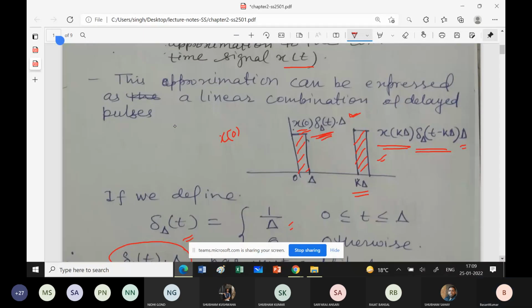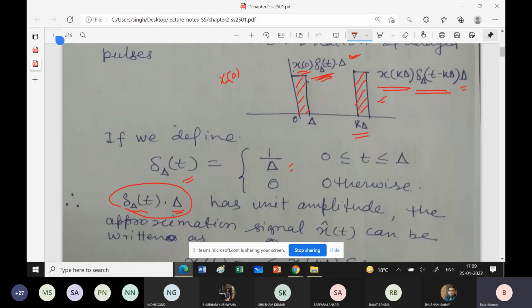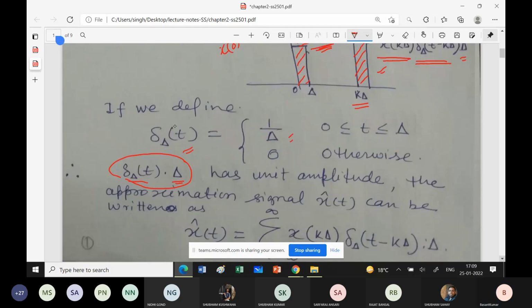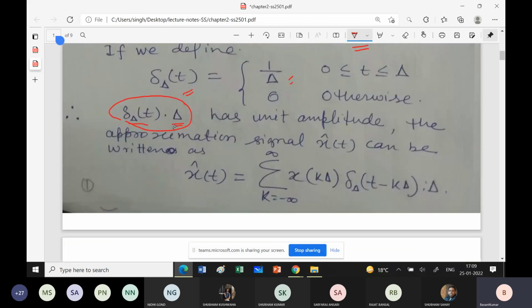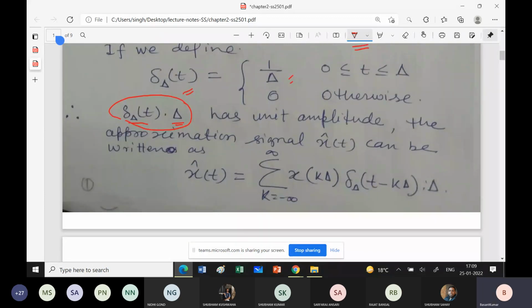Once you are able to define the rectangular pulses in this form, we can move ahead. So we know that this multiplication has a unit amplitude.